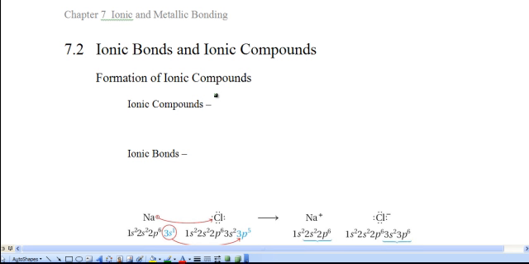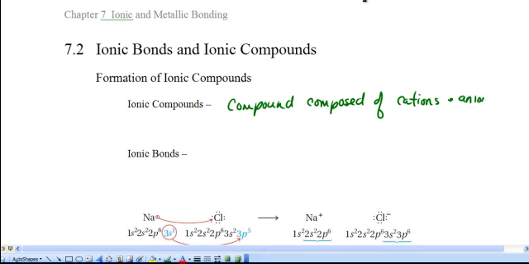An ionic compound is simply a compound composed of cations, which are the positively charged ions, and anions, which are the negatively charged ions.